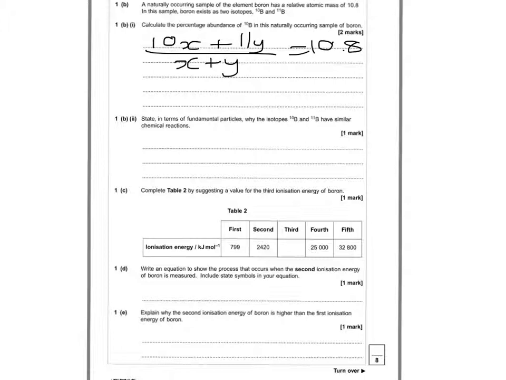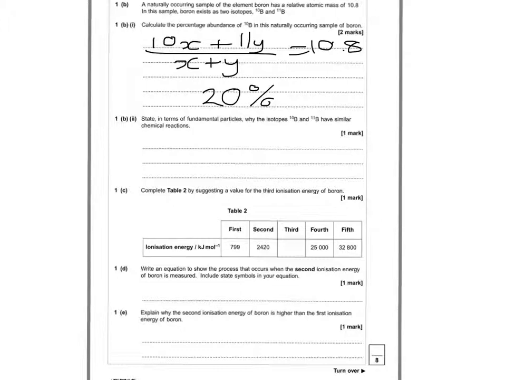As it's more towards the 11, then we know that there's going to be more of boron 11. And the fact that it's 10.8 indicates that there is 80% of boron 11 and 20% of boron 10. So actually the answer that they're looking for is 20%. Now, as I said, that is quite difficult, and if you don't do maths, you would have found that a little bit more difficult, so don't worry.